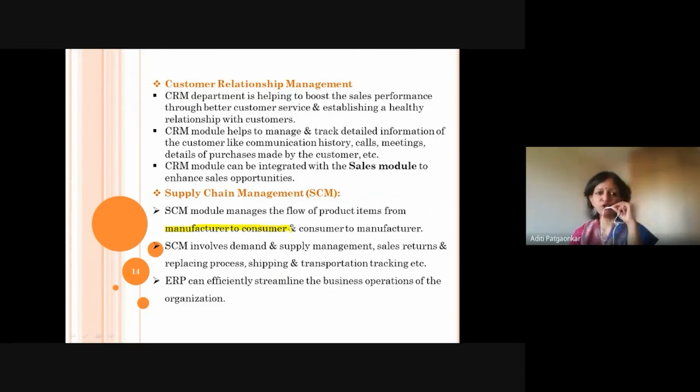And the last module of ERP that we have here is CRM, that is customer relationship management. As all of you know, the customer is the king of the market. So the satisfaction level of the customer and feedback of the customer are very important concerns for the company. This module takes care of all the details of the customers.